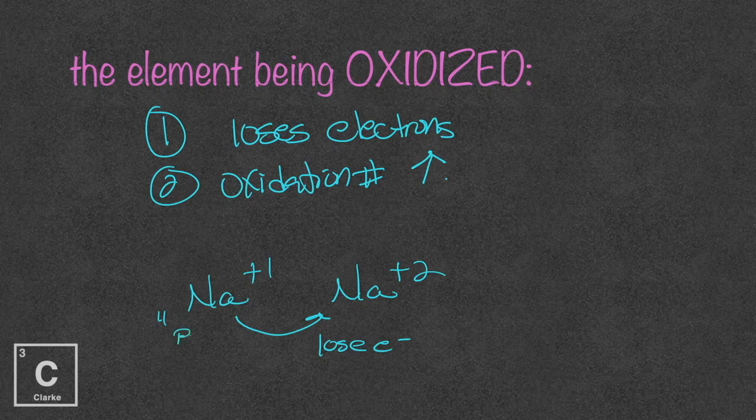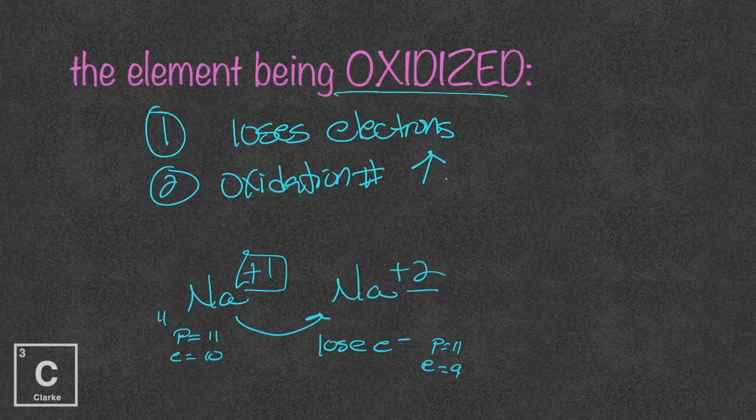In this instance, it has 11 protons, and right now it only has 10 electrons. That's where we're getting this plus 1 here. So for it to go to plus 2, it had to lose another electron. So this sodium would also have 11 protons, but this time the electrons are going to only be 9. That's where we're going to get that plus 2.